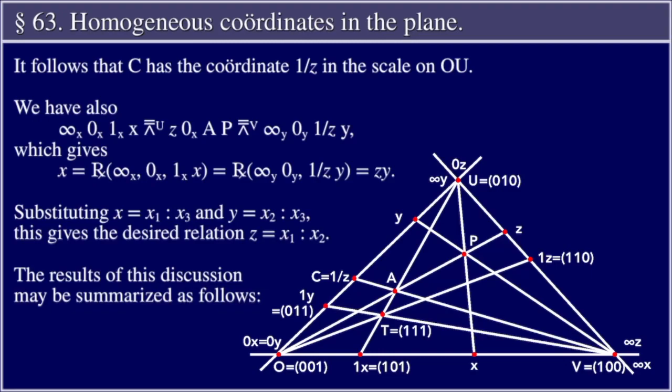Substituting x equal to the ratio x1 to x3 and y equal to the ratio x2 to x3, this gives the desired relation z equal to the ratio x1 to x2.